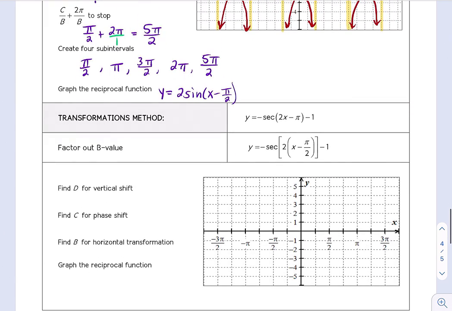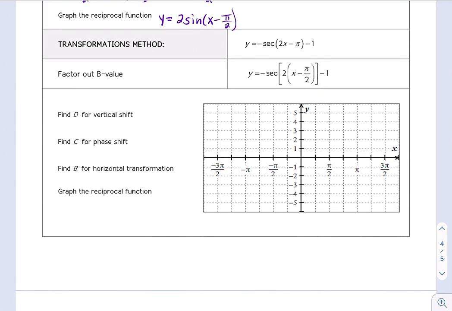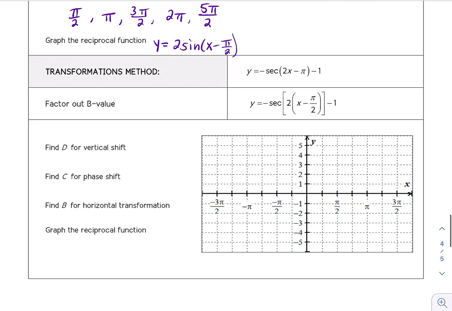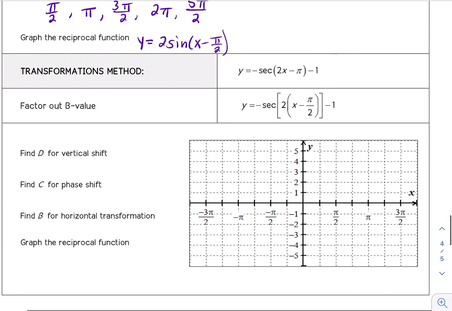The next route takes a transformations method. So first off, if I gave you y equals negative secant of 2x minus pi, minus 1. The thing to remember here is that anytime we have a phase shift, if there's a B value that's not equal to 1, so here B is equal to 2, we either have to factor it out or we have to do C over B for the phase shift.